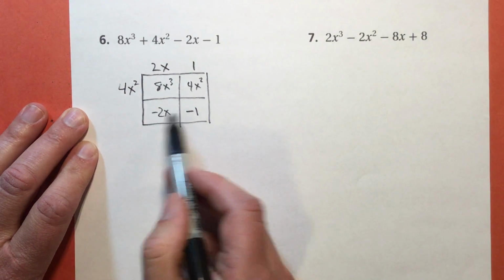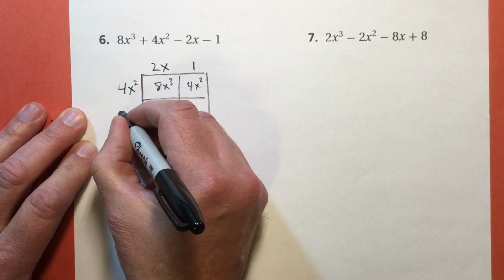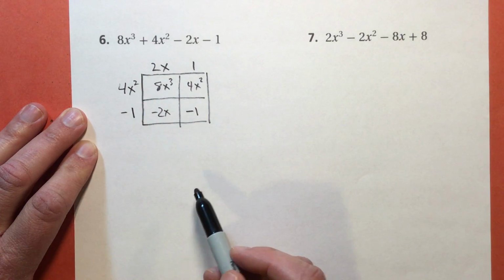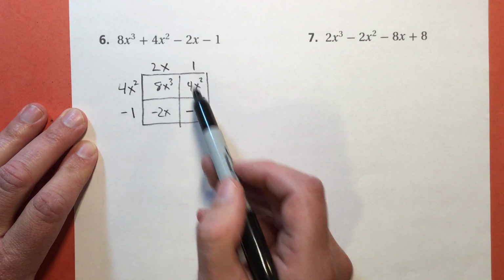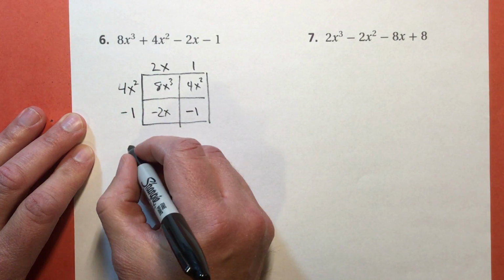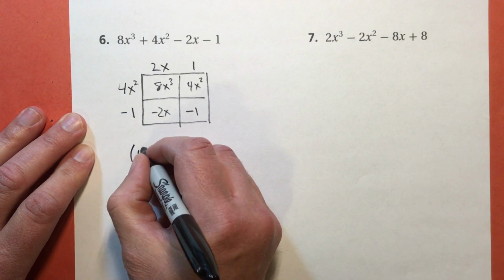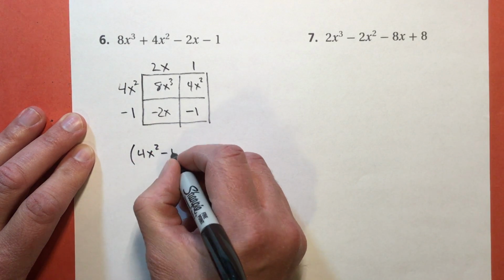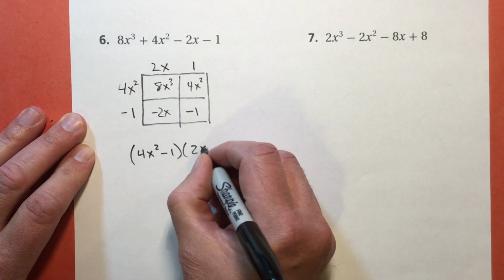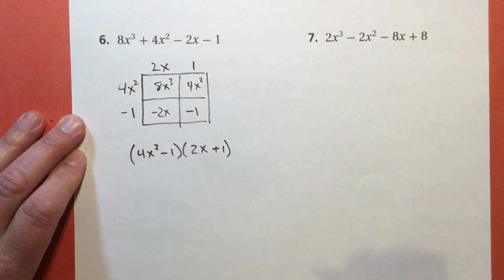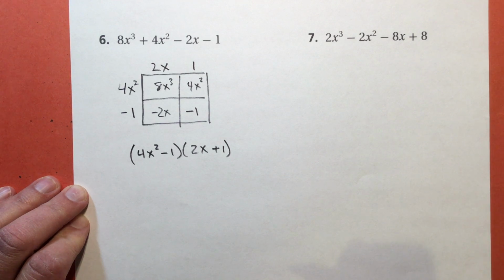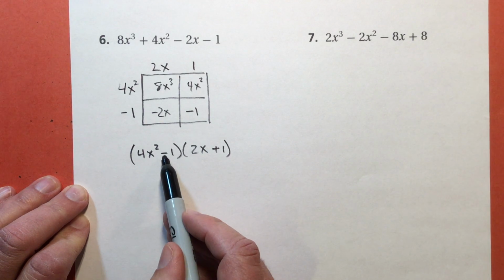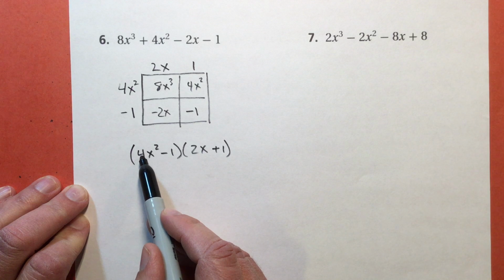What do these two have in common? The only thing they have in common is a negative 1. Remultiply. Negative 1 times 2x is negative 2x. Negative 1 times 1 is negative 1. So I get 4x squared subtract 1 times 2x plus 1. Now again, I have to check for difference of two squares. I have a subtraction. 4 is a perfect square.